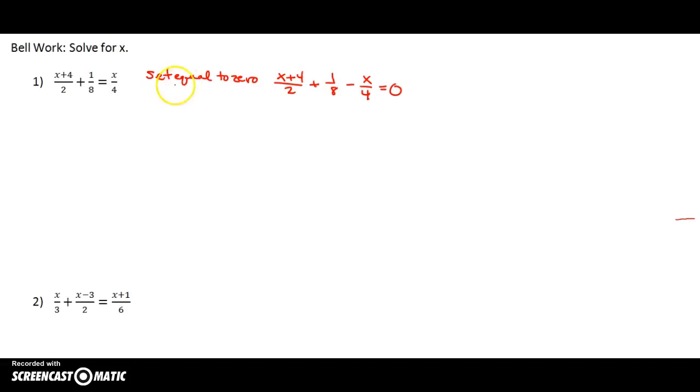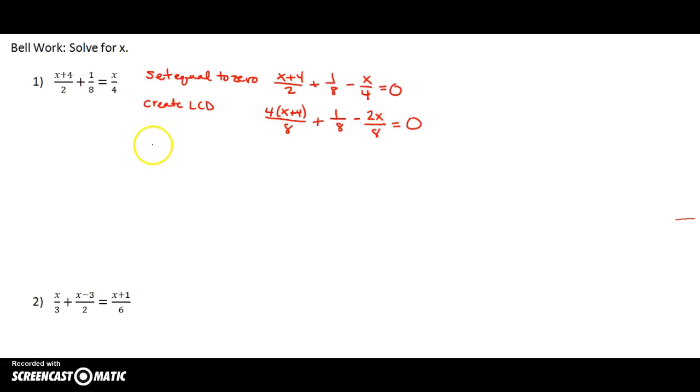Then, because we're adding and subtracting, and we learned in section 8.1 that we should create a lowest common denominator, we see that our lowest common denominator would be 8. The first fraction needs to be multiplied by 4 to get a common denominator of 8. The second already has a denominator of 8, and the third needs to be multiplied by 2 to get a common denominator of 8, and it still equals 0.